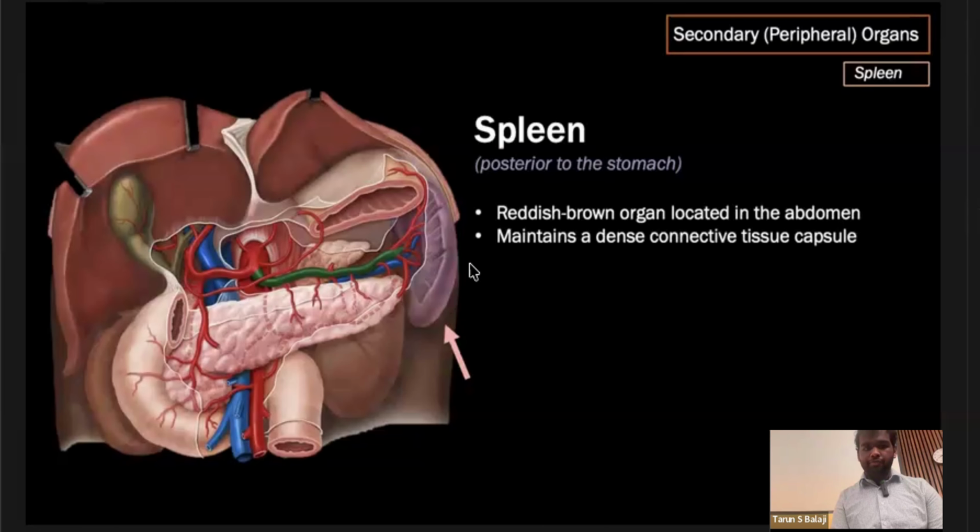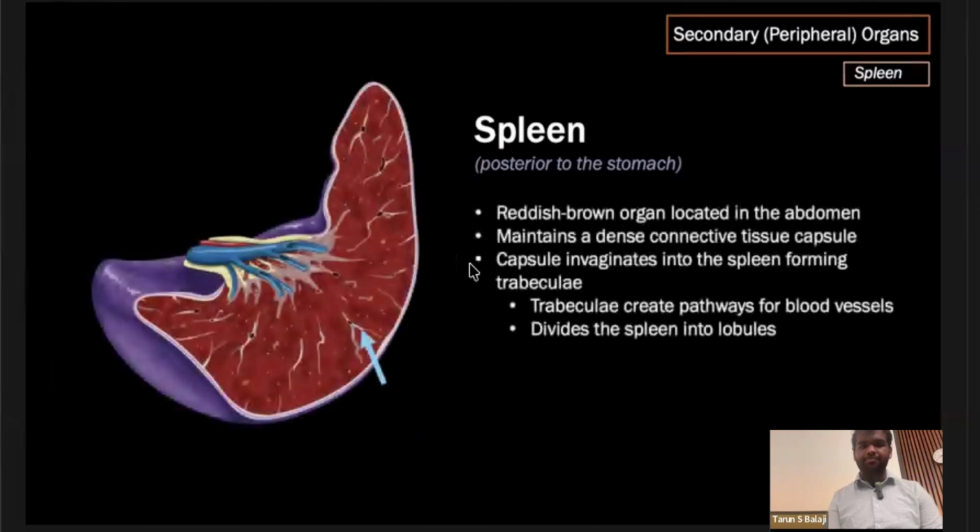Capsule in specific, first capsule that's gonna invaginate. It's gonna essentially dig into the tissue layers and form septae. Now, these septae, these are super important.